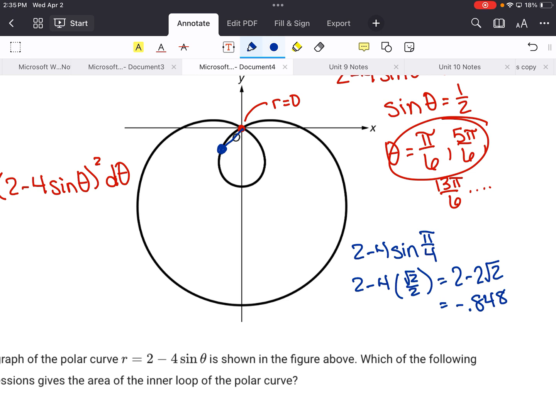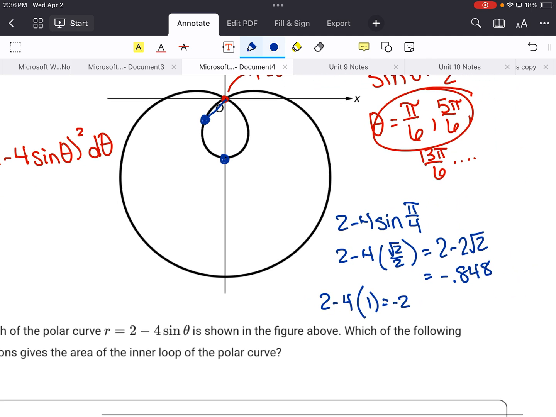So that would be in quadrant 3. If you want to try something else, you know what would have been easier to try? Like pi over 2. If I did 2 minus 4 times the sine of pi over 2, the sine of 90 is 1. So that would be negative 2. So go 2 units the opposite direction of 90 degrees.